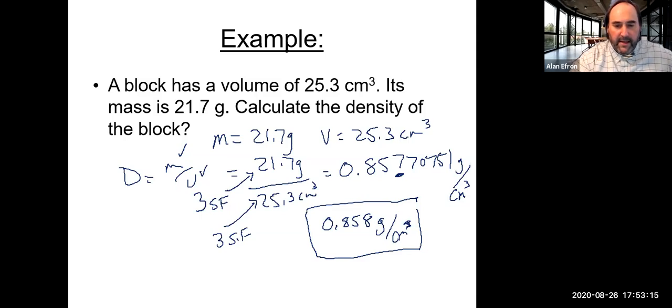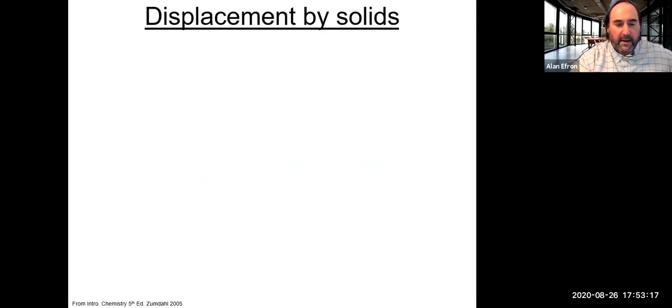All right, I think we've got another one perhaps. No, let's talk a little bit about another aspect of density, really the volume part of it. We've talked about two different ways that you could get a volume. One way is pretty simple: you put the liquid in a container that has a scale and take a reading.